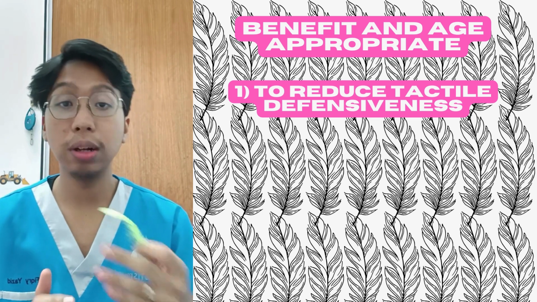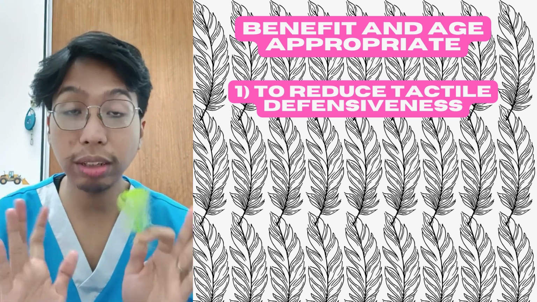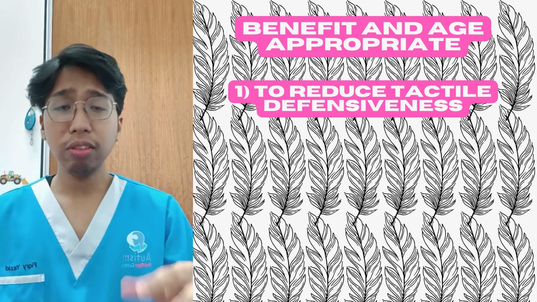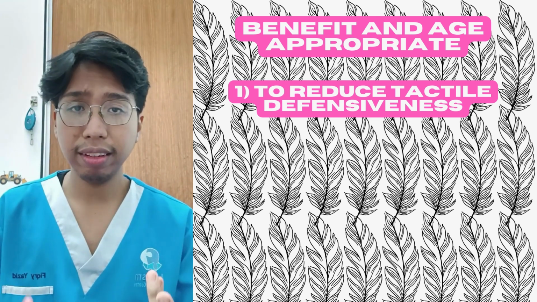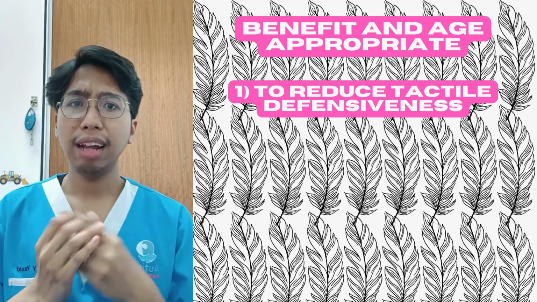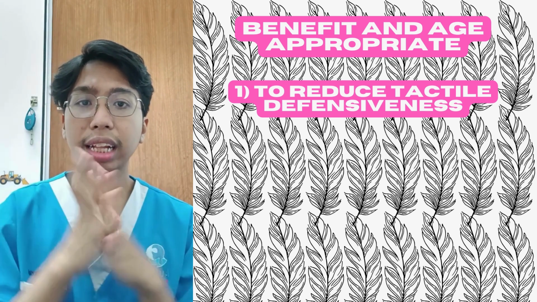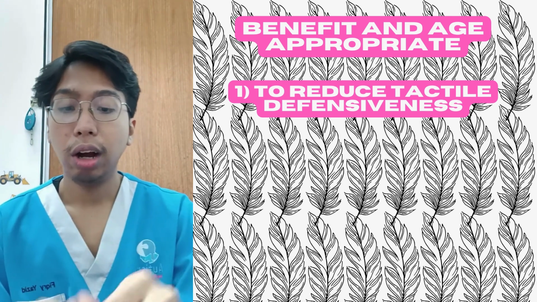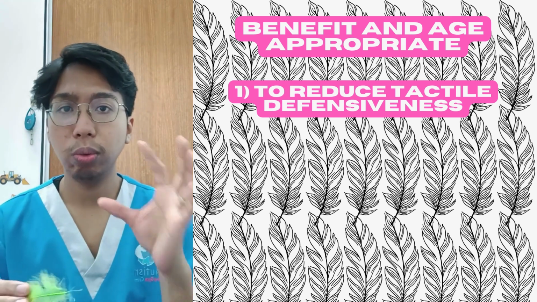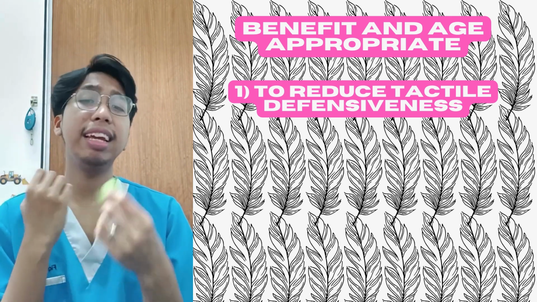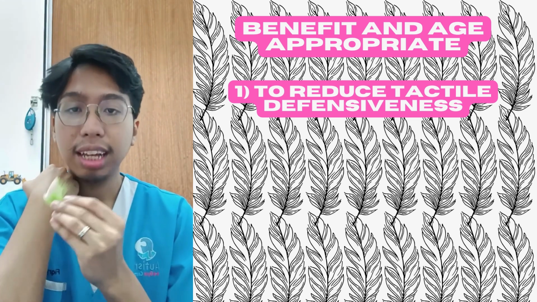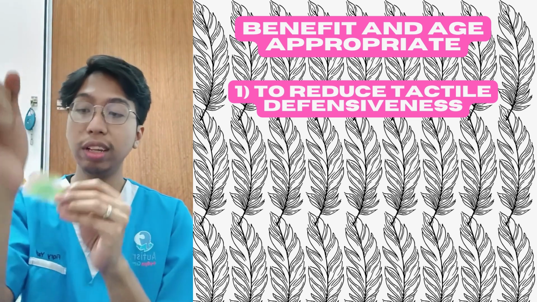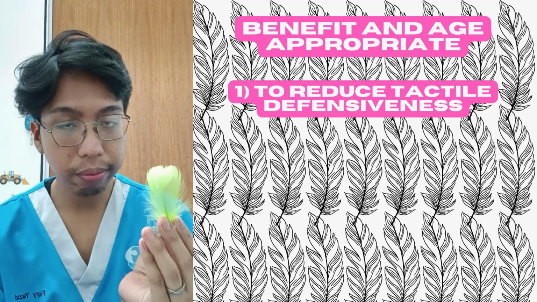That's why I say on step 4, pay attention to the reaction given. With the extra reaction, we can consider it as tactile defensiveness. Could be an extreme form of negative emotion, fear of being ticklish and all that. So we want them to get used to it and say that it is normal for this feather to be in contact with your skin. So it's okay, it is safe.